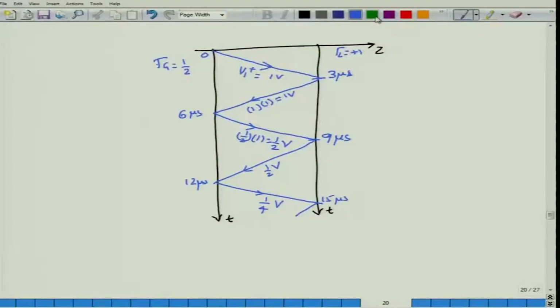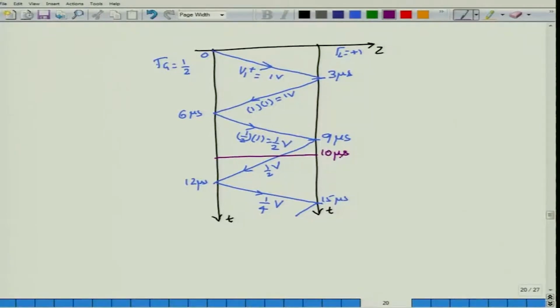The first question was, what is the voltage distribution along the entire length of the transmission line at a fixed time of t equal to 10 microseconds? In order to answer that, we need to look at our lattice diagram and first locate where 10 microseconds occurs. So this is about 10 microseconds.